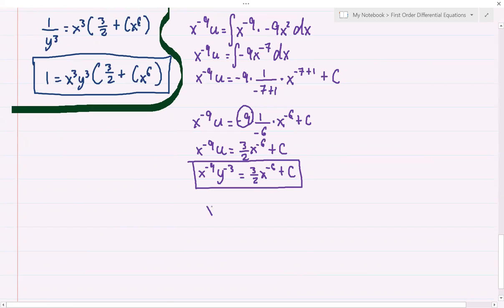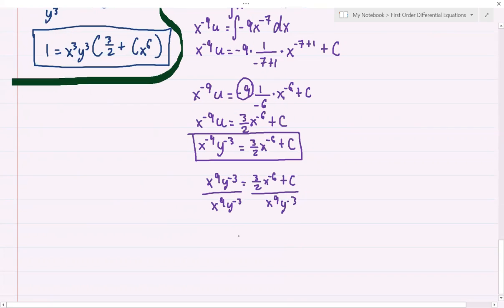We can divide both sides of the equation. Let me rewrite this for a moment. By x raised to 9 times y raised to negative 3. So we will have 1 is equal to 3 halves x raised to negative 6 plus c all over x raised to 9 times y raised to negative 3.